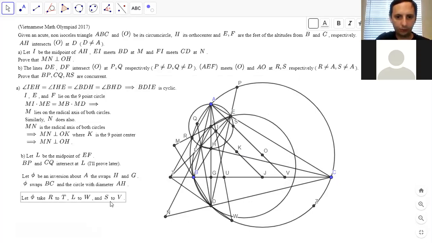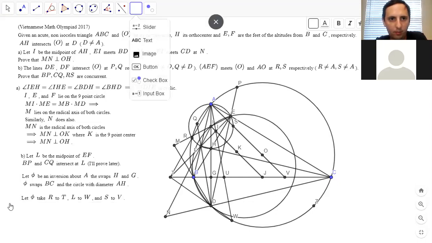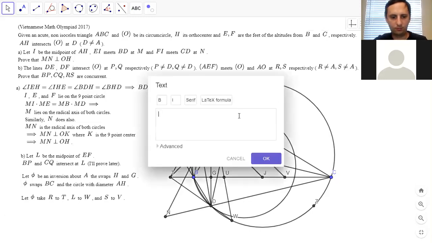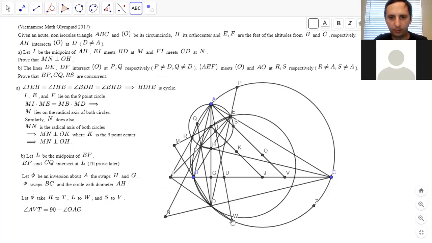And then we do the angle chase. So angle AVT is just 90 minus angle VAG. So it's 90 minus angle OAG, and it's not hard to see that that's equal to 90 minus ODA.